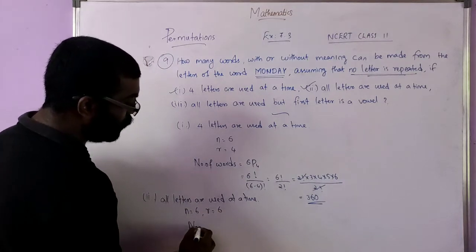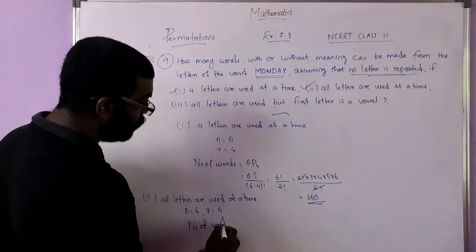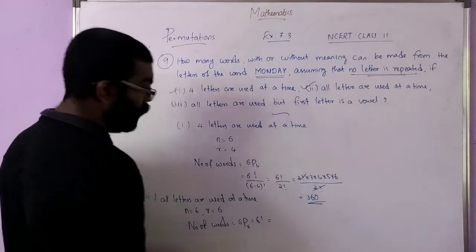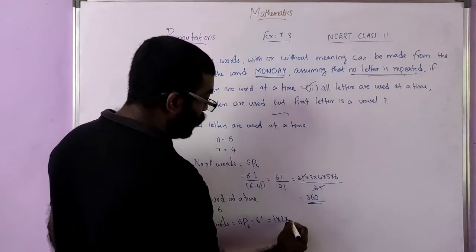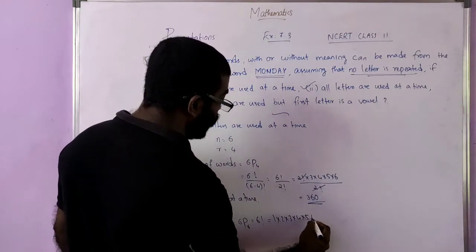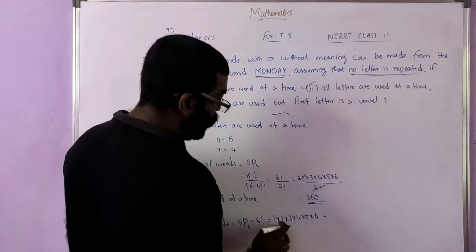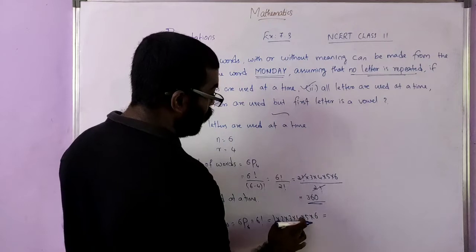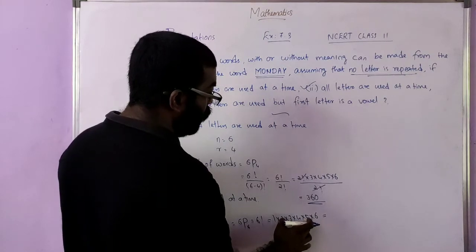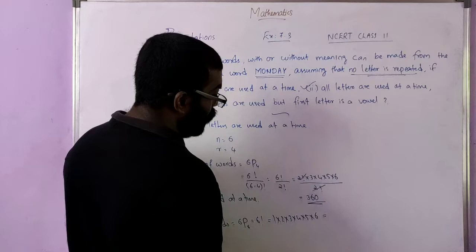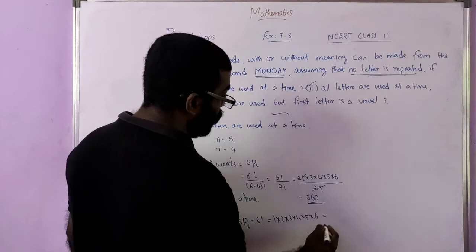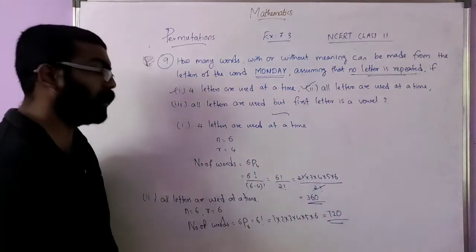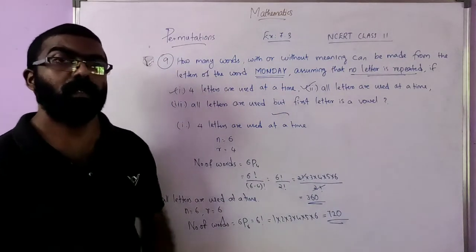And the number of words is equal to 6P6, that is 6 factorial, which is equal to 1 into 2 into 3 into 4 into 5 into 6. 1 into 2, 2; 2 3s are 6; 6 4s are 24; 24 into 5, 120; 120 into 6 is 720. So for the second part, the answer is 720.